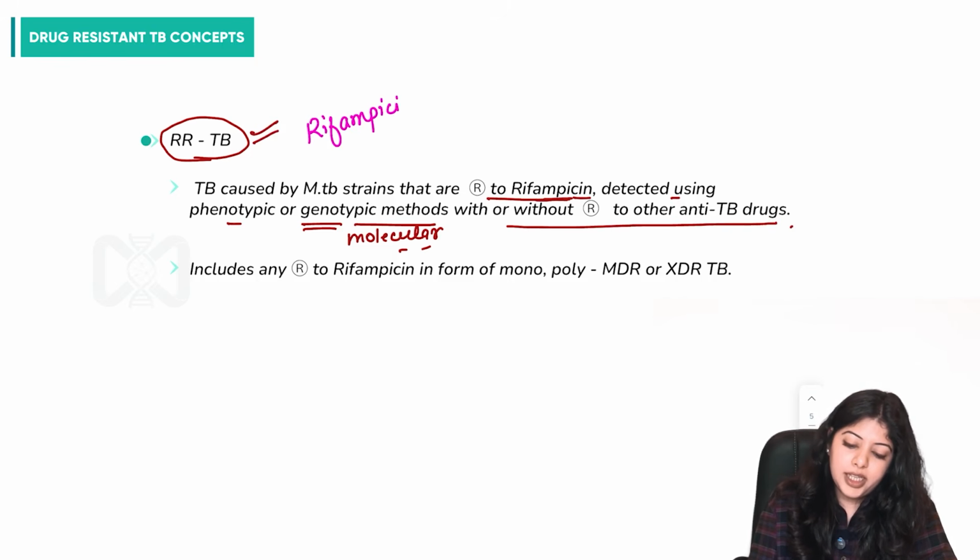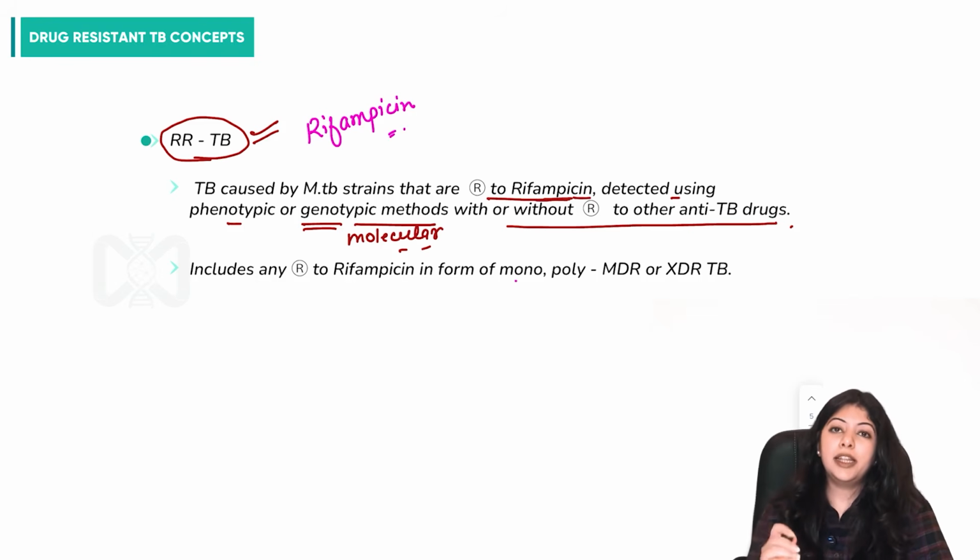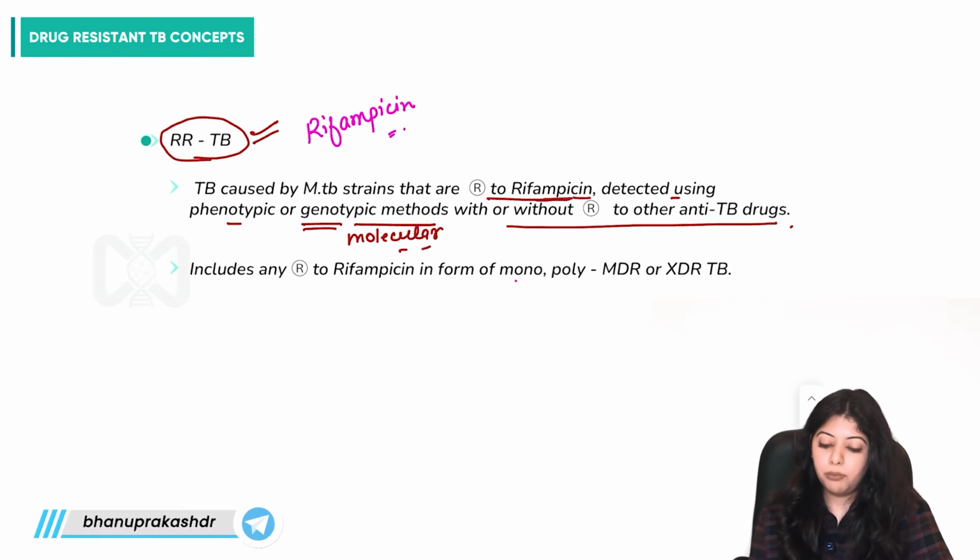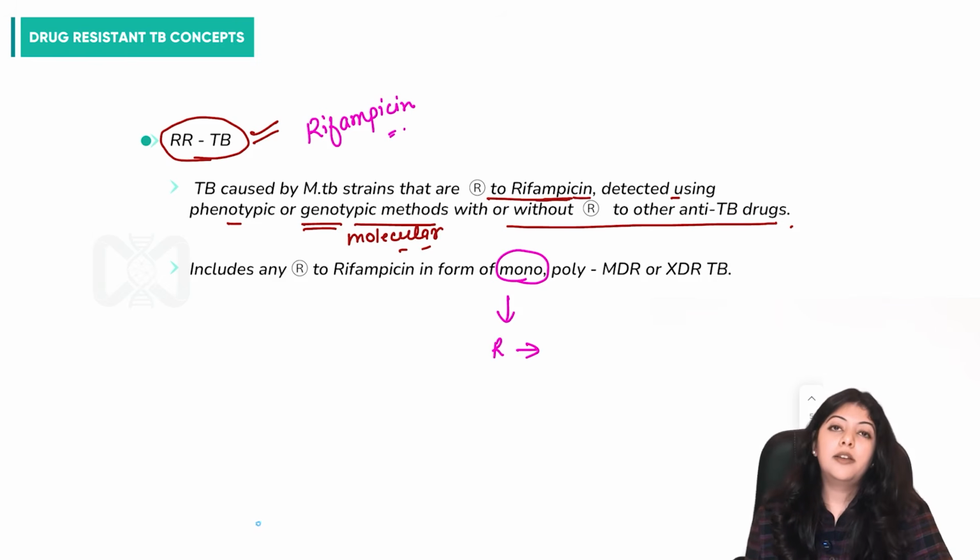And the catch in this definition is that this rifampicin resistance can be seen as monoresistance, wherein there's going to be only rifampicin resistance from the first line ATT drugs.